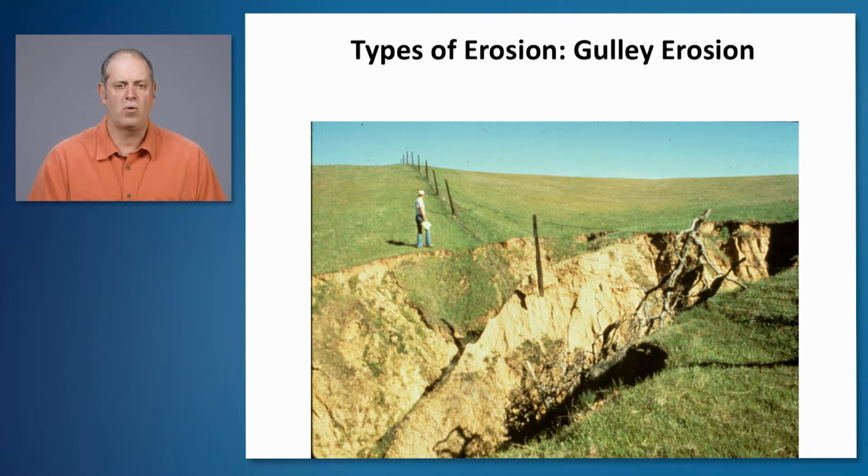Equipment can't travel across gullies, cattle can't move across gullies, and people have a hard time moving through gullies. These features cannot be restored. If you fill them up with sediment and bring back all the soil, it will just wash out in the next large rainstorm. It's not something that can be fixed, whereas sheet and rill erosion can be.